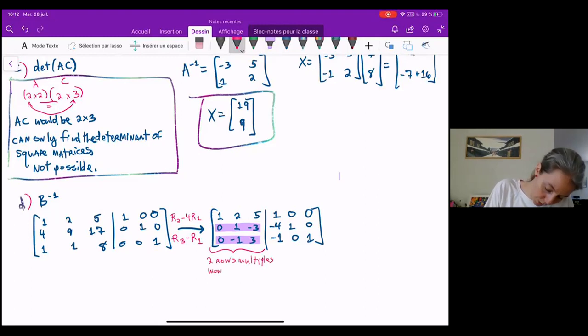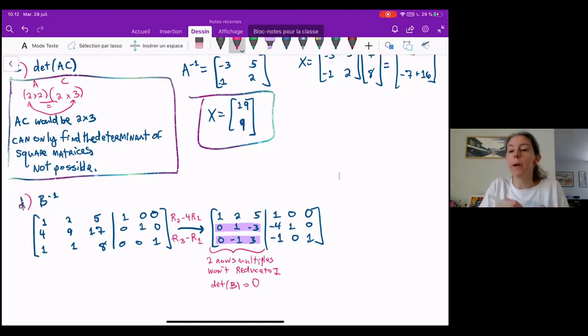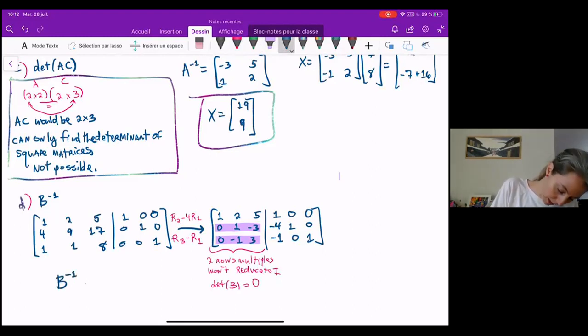It won't reduce to I. Plus, the determinant of B will be equal to 0. So the answer here is that B inverse does not exist, right? So had we found the determinant, we would have seen it was 0, but notice that this also took us one step, but it was one step towards finding the inverse in the case that it ended up being invertible. B inverse is undefined.